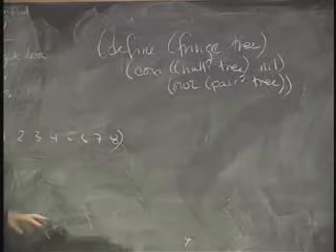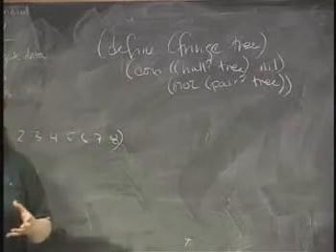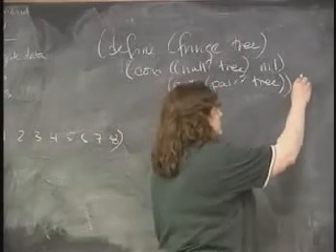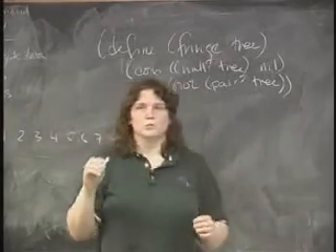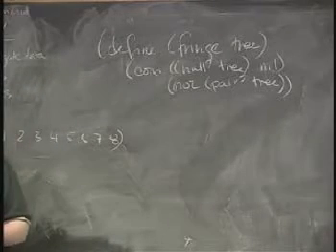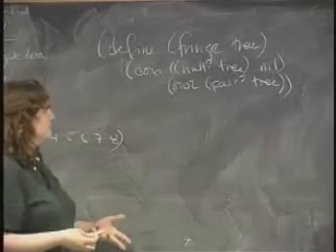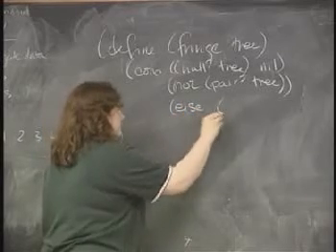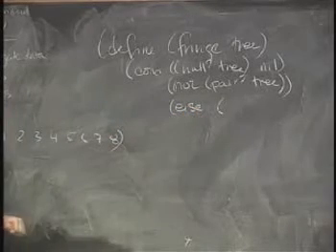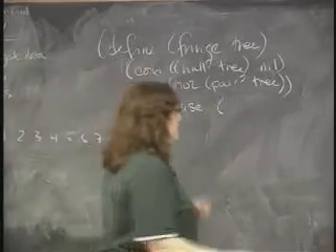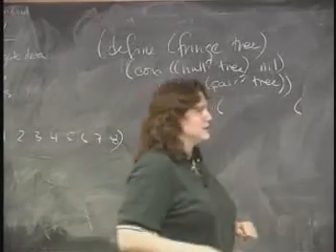So if we don't have a pair, what do we have? We have a single leaf, so we could return. Do we want to return a cons, or do we want to return the element itself? Well, let's defer. Let's look at our else case. Otherwise, what are we going to do? Well, we need to do something to two lists that we're going to be building up.